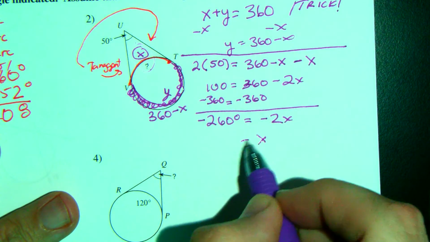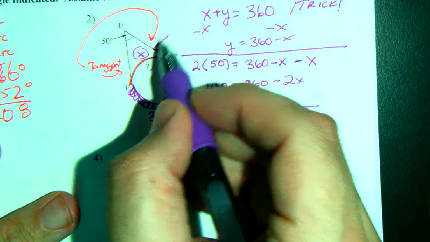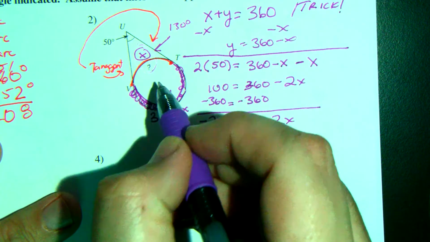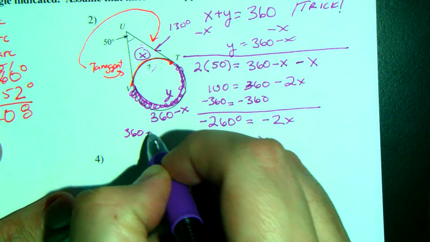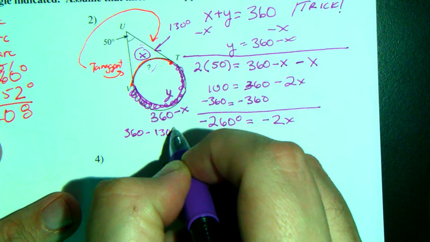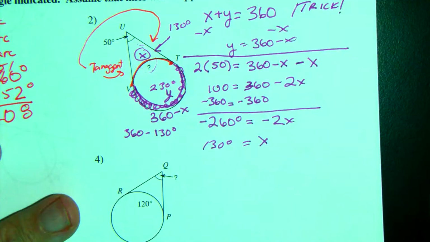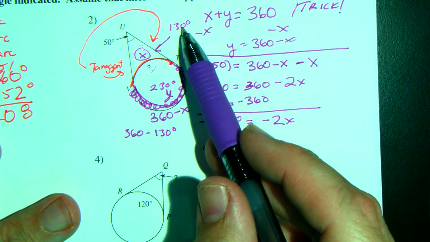If you wanted to figure out what this arc is, 360 minus 130 degrees. So that would be 230. And 230 minus 130 is 100. Divide that by 2. What do you get? Look at what the angle is there. Does it work?